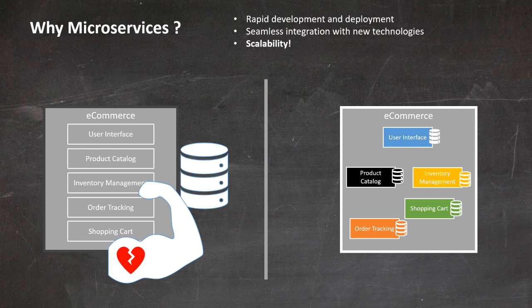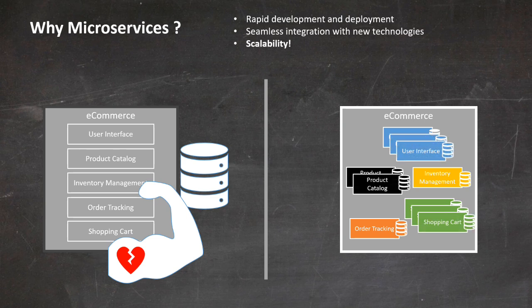On the other hand, horizontal scaling, or scaling out, involves adding more machines to distribute the load. It's like expanding a fleet of cars to handle more passengers. And microservices architecture perfectly supports horizontal scaling by allowing each service to be scaled independently, thus enhancing flexibility and efficiency.